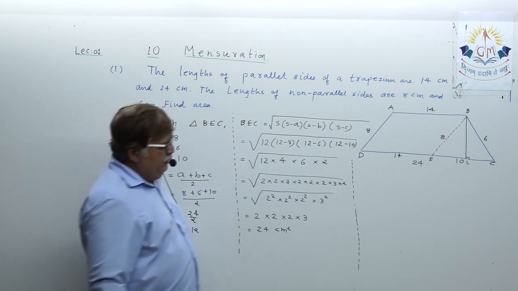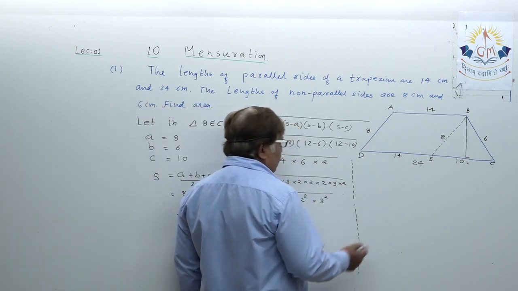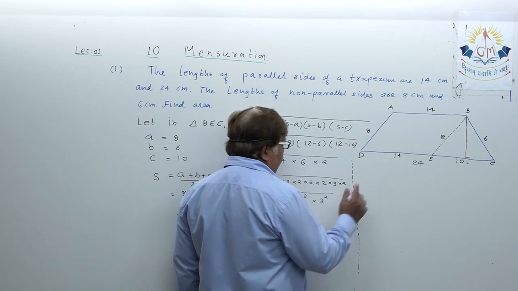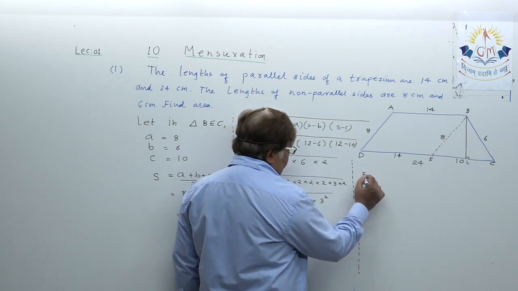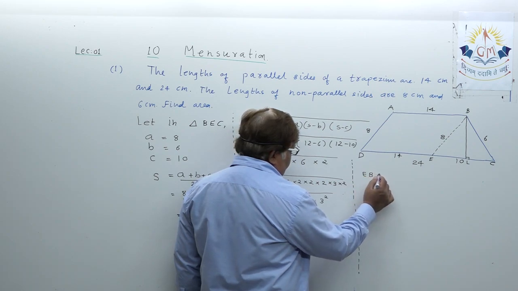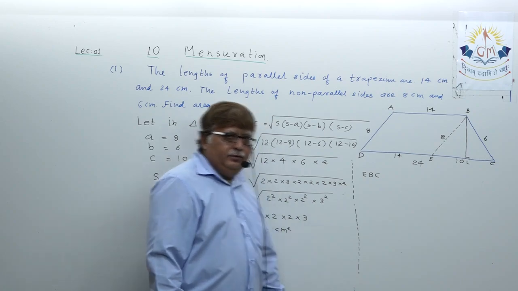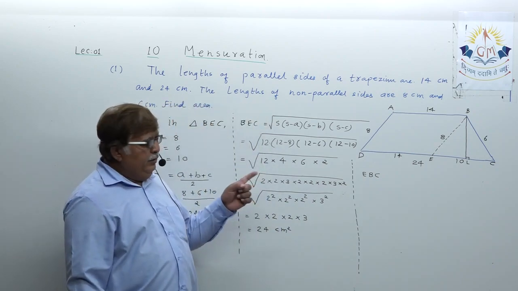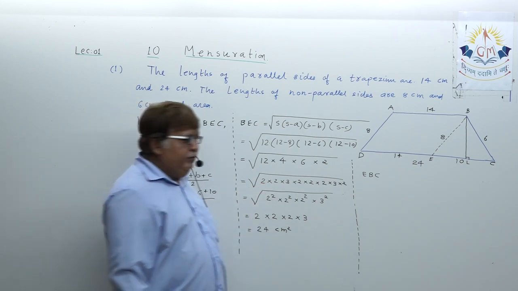Distance between parallel sides. Now dear student, let us take one more formula of area of triangle, please concentrate, EBC. Simply speaking, area of triangle ABC.